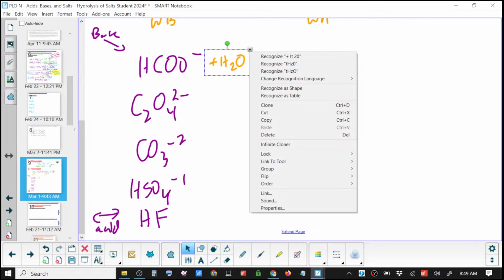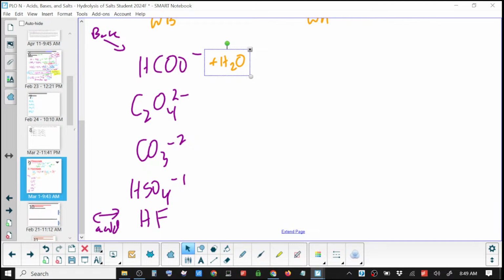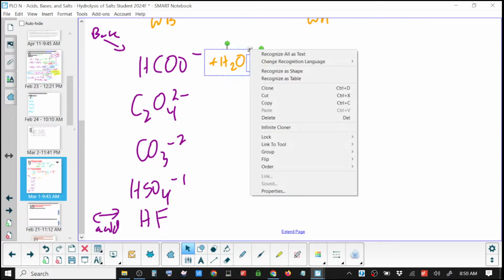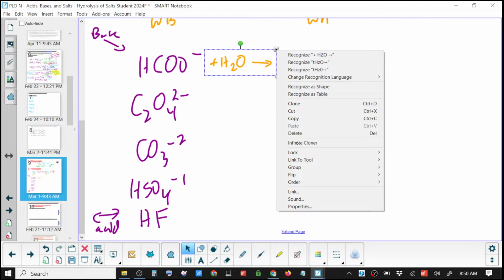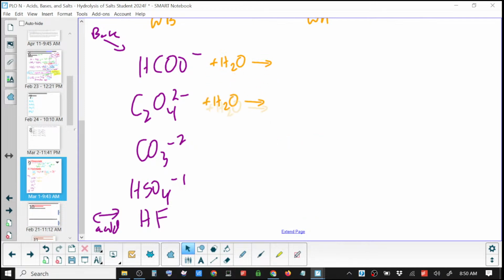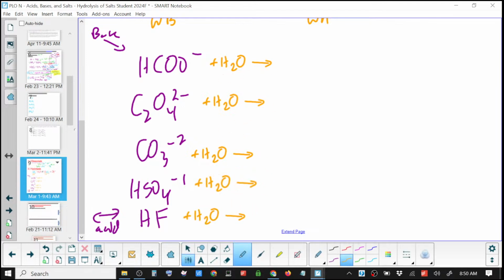You said it's a base. No, I said you should be able to figure it out. That's just me trying to be clever. Maybe it didn't work. Oh, I forgot to put the arrow on.